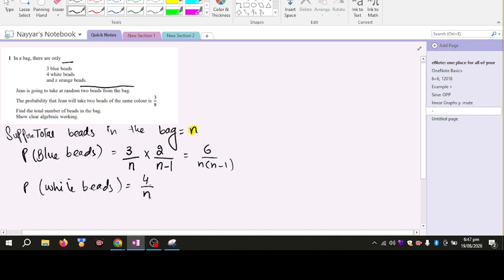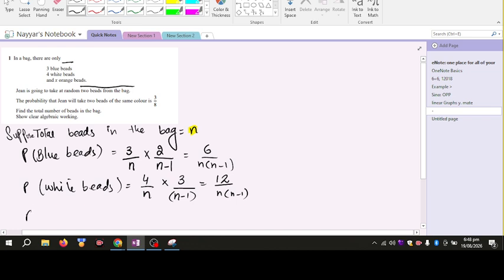Now, you have taken out 1 white bead, so in the second attempt 3 white beads are left in the bag. The total is also reduced because you have taken out 1 white bead and are not putting it back. So, the probability is 12 upon n times n minus 1.